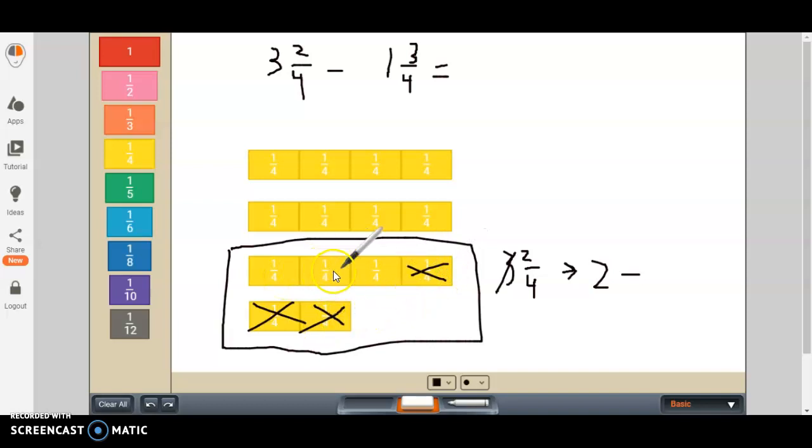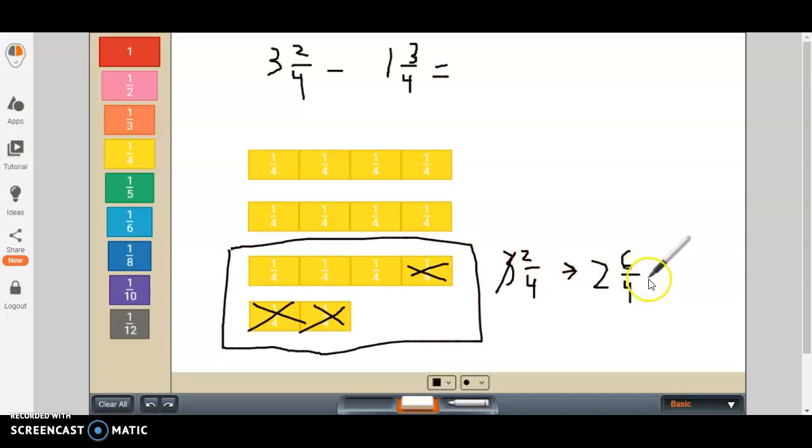It became 1, 2, 3, 4, 5, 6/4. Now, how did we get 6? Well, if 4 makes a whole, just like 10 pieces makes a place value, 2 plus 4 equals 6.